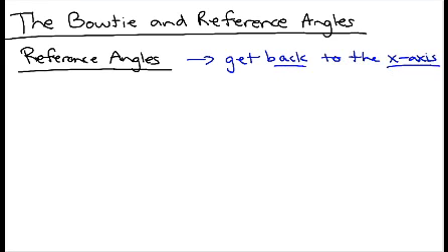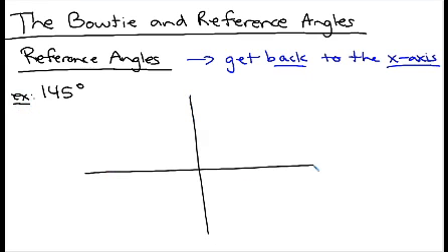So, for example, if I wanted to find the reference angle for an angle that's 145 degrees. We'll call this our first example. From the way that we draw angles in trigonometry, we always start here and we rotate this way. There's my 145 degree angle.